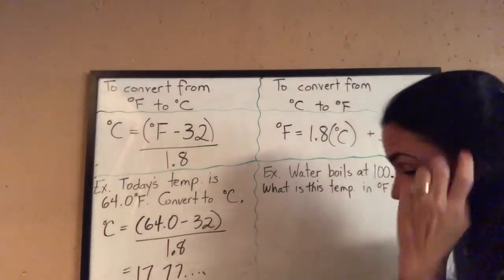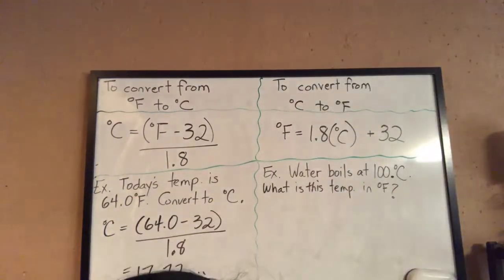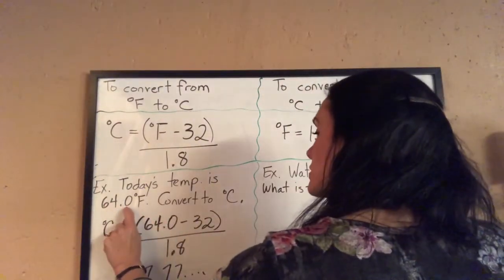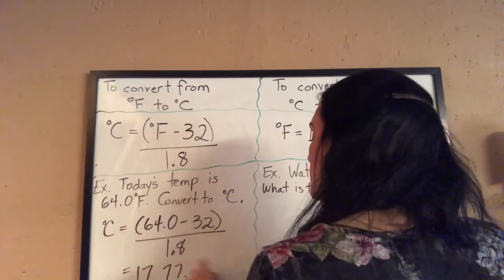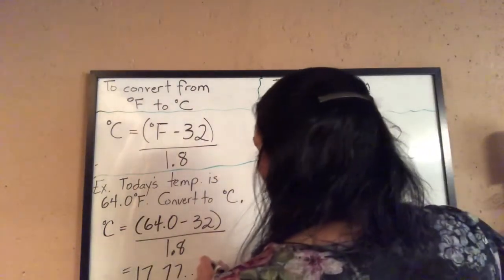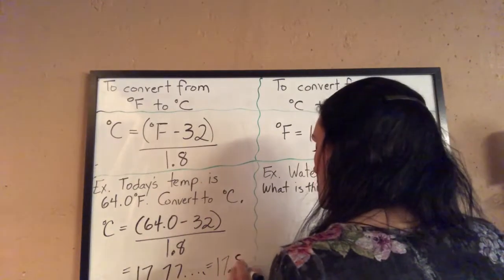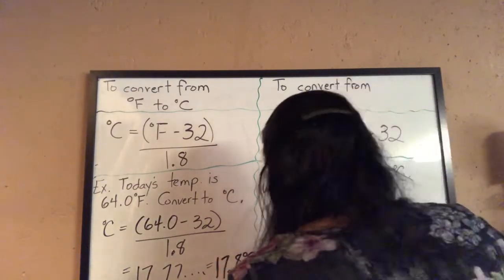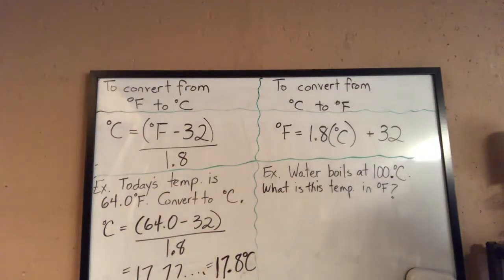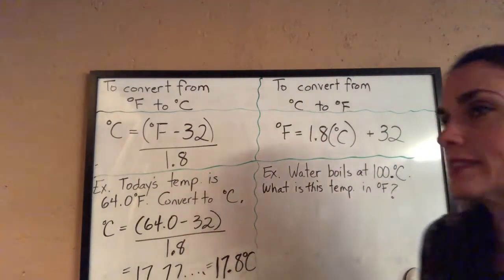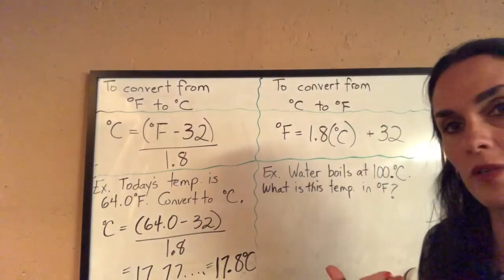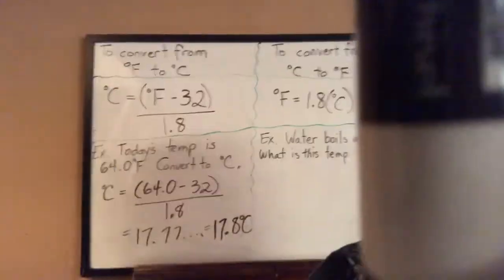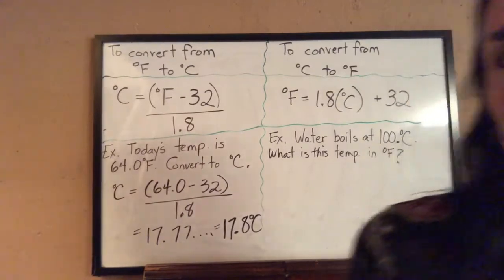Now, we learned about significant figures in chapter 2. It does not go away. This measurement had a decimal to the tenths place. So if we report this with proper significant figures, 17.8 degrees Celsius, 1 decimal place. It's a very easy calculation, but sometimes people do it in the calculator and they get answers that they shouldn't get.